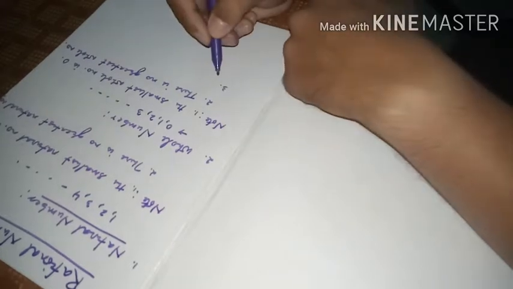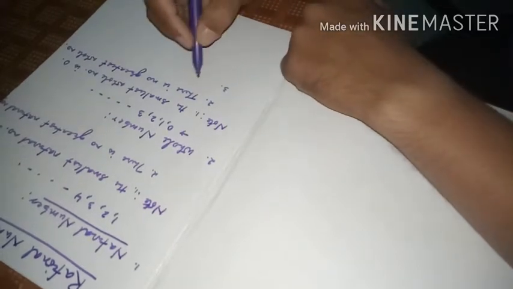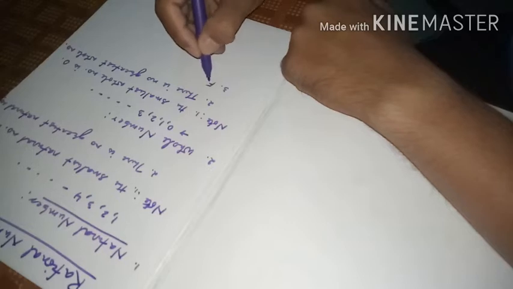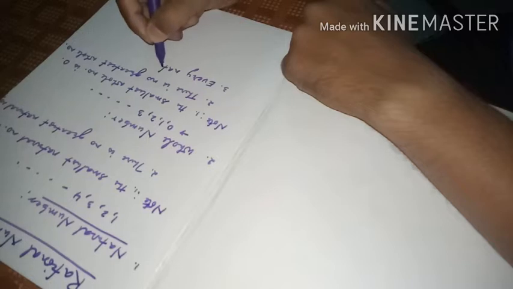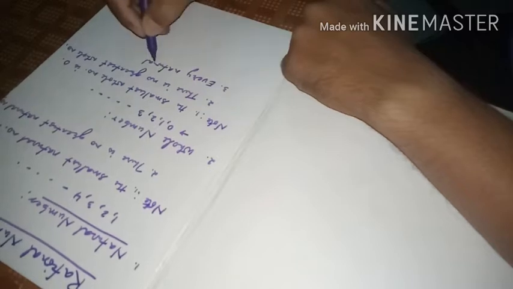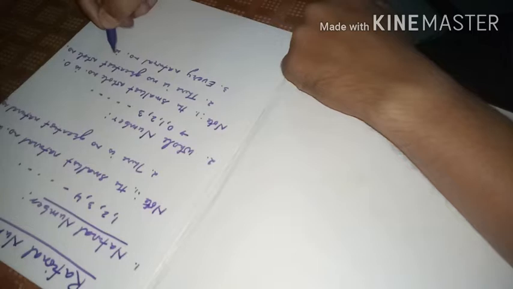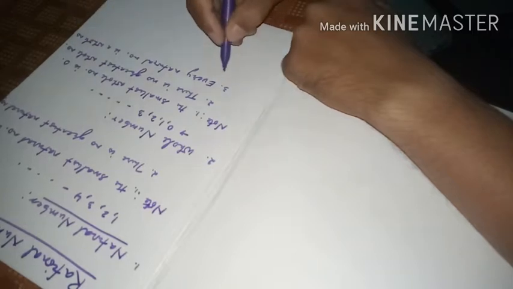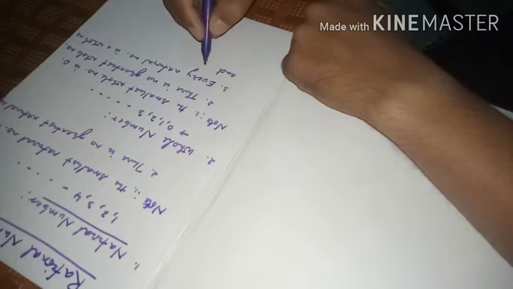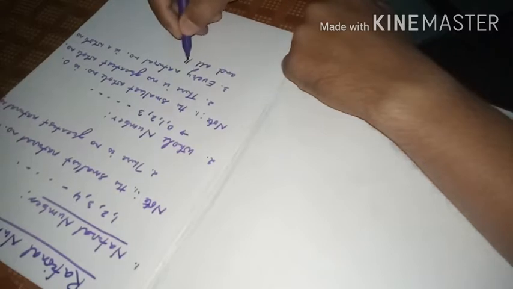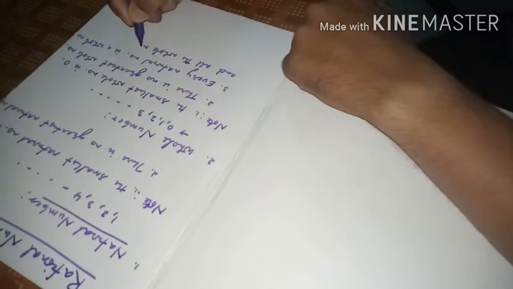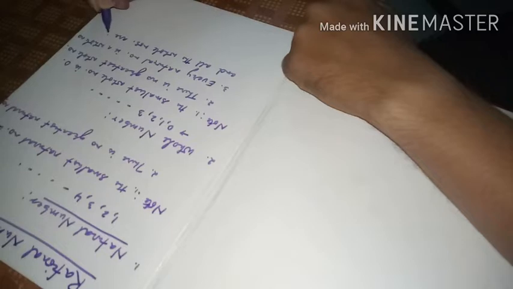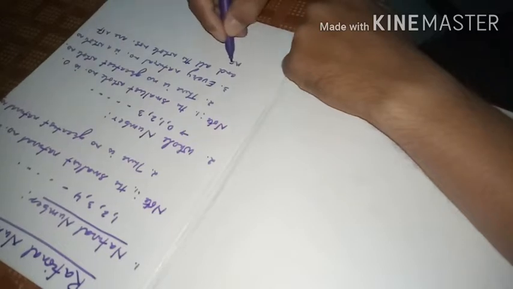The third point is a very important point. Every natural number is a whole number, and all the whole numbers are not natural numbers.